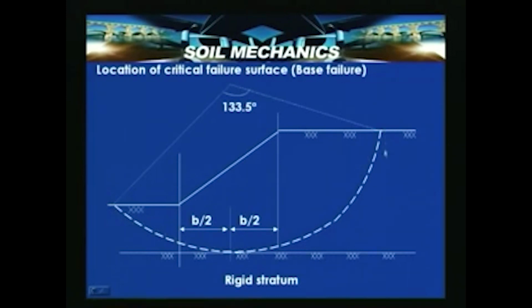With this process, if you are able to construct a circle, that is assumed to be a critical failure surface, which is actually tangential to this. The condition is that it is tangential to this, and with that condition, once you draw the circle along this vertical line, that one will give the critical failure surface. So, we try to look into this procedure, for very empirical procedures which are available for locating the critical failure surface.